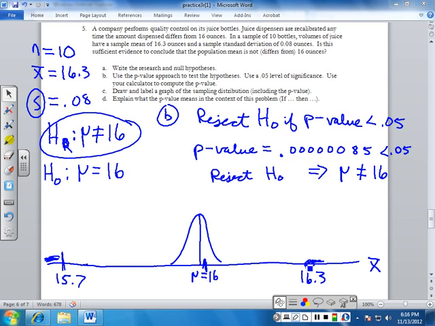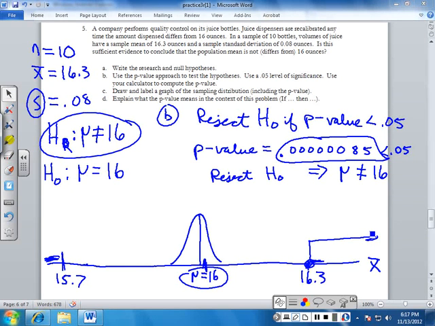So on the if-then thing, if this is true, if mu is equal to 16, then there is a p-value chance of getting above there, and since it's a two-tailed test, or down there.